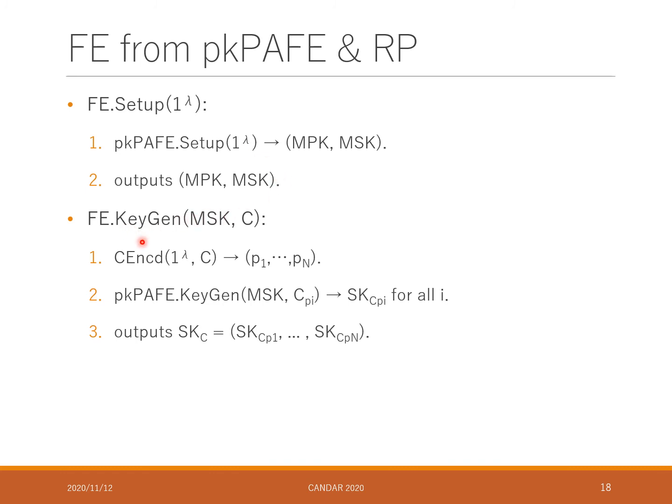The key generation takes the secret key of PKPFE and circuit C. First, it computes the polynomials P1 to Pn corresponding to circuit C. And for each polynomial Pi, it computes the corresponding circuit CPi, and for the circuit CPi, the functional key SKCPi by using PKPFE key generation.